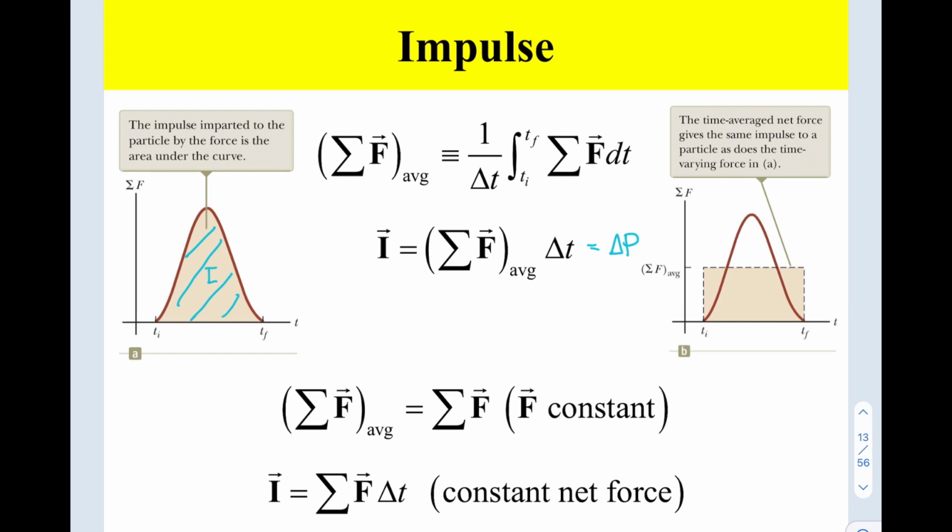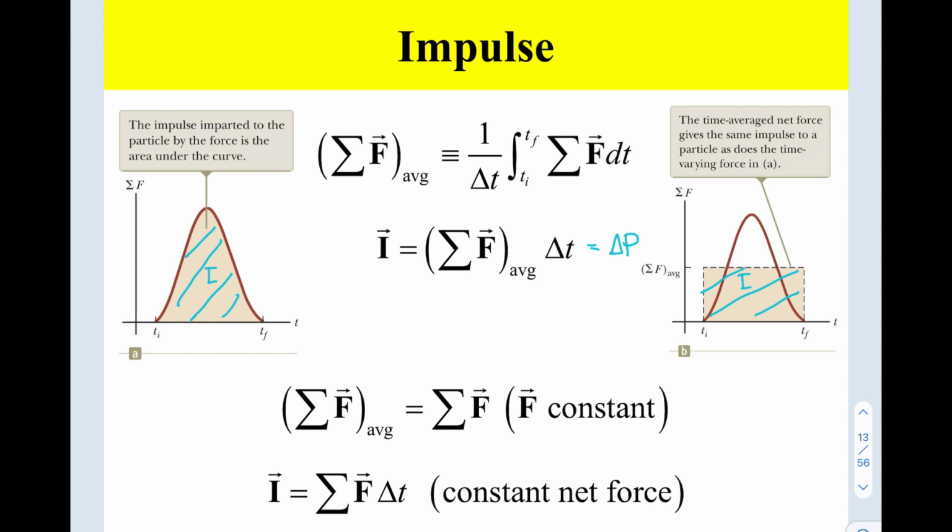But since this is approximately equivalent to F average, what does that mean? If we refer to this graph, from F we have a maximum value here and a minimum value here, and we figure out F average. This is approximately equal to F average times t. So the area here is now known as the average impulse also.